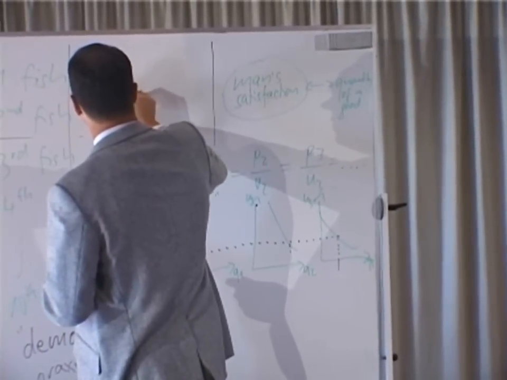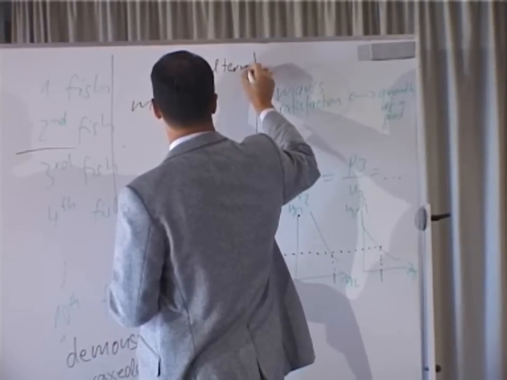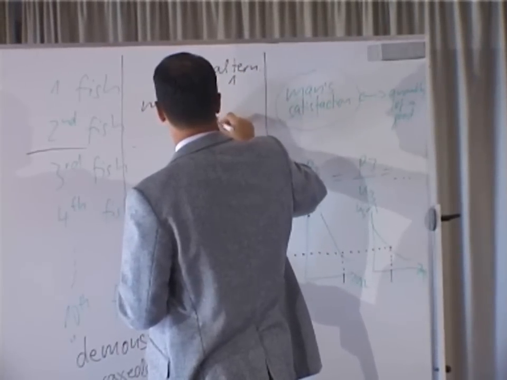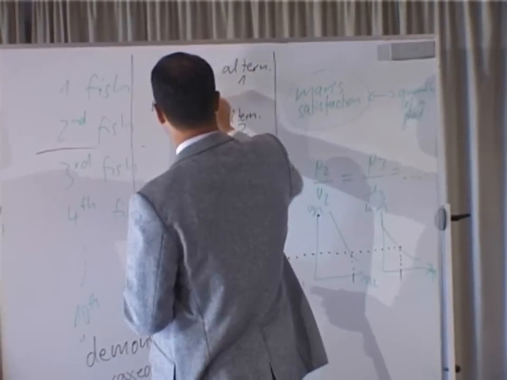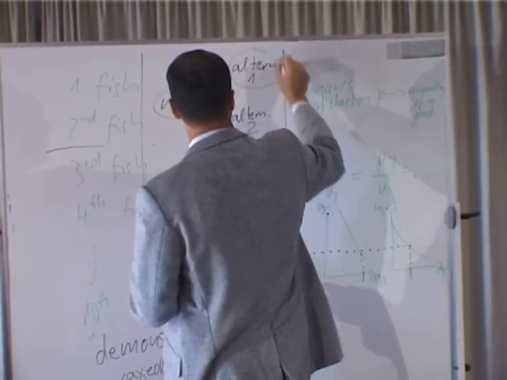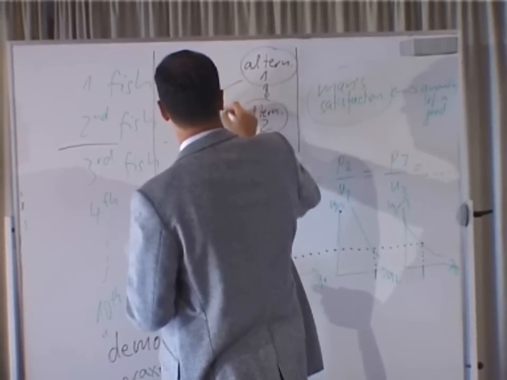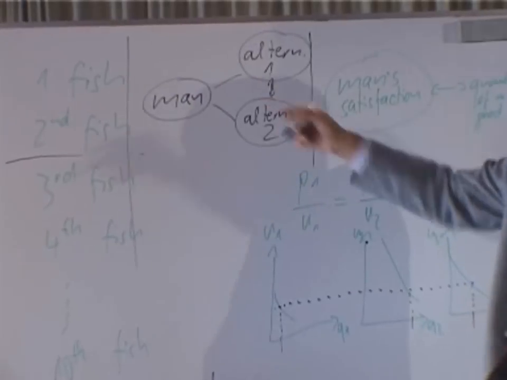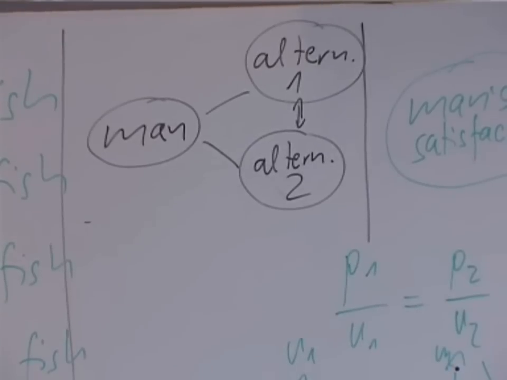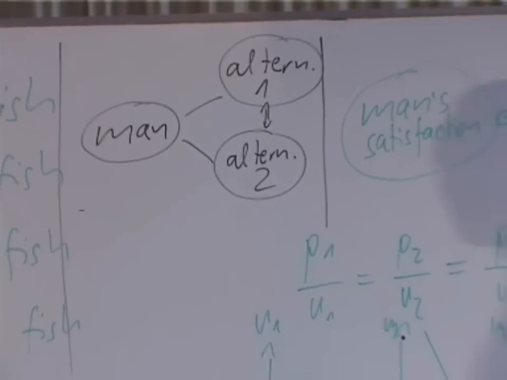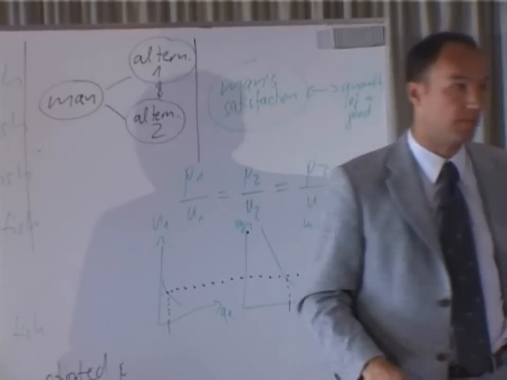We have man, we have alternative 1, and we have alternative 2. Both alternatives are related to ends that the acting person pursues, but he has to make up his mind between them. He can choose either one or the other one.